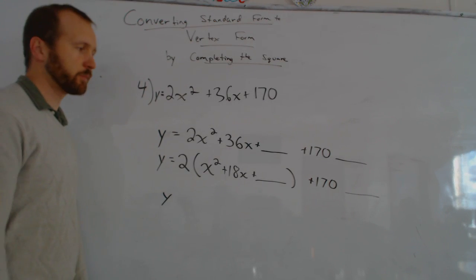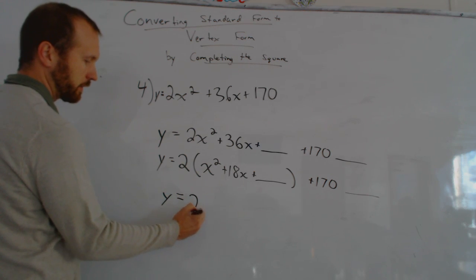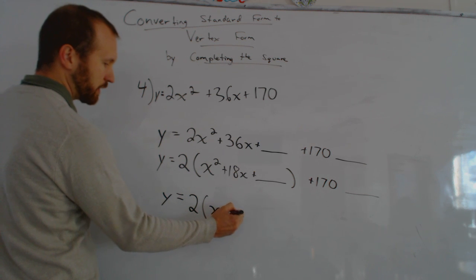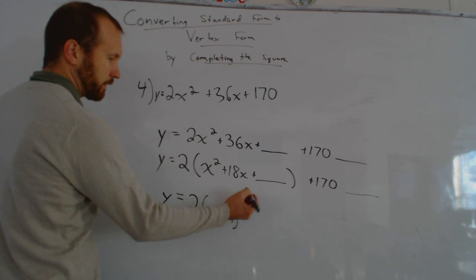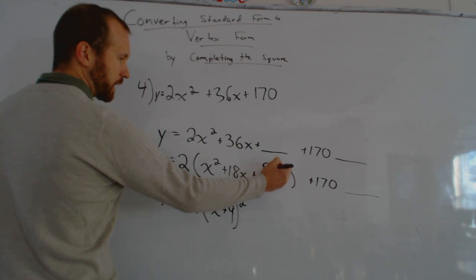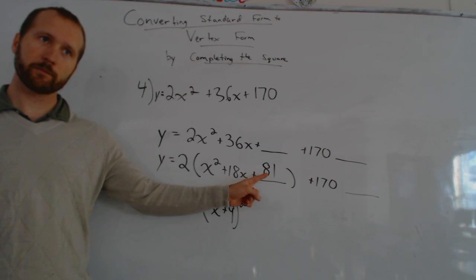Okay, so what is my perfect square? Well, I know it's just half of 18, so it's x plus 9. And 9 squared is 81. What did I really just add, though?